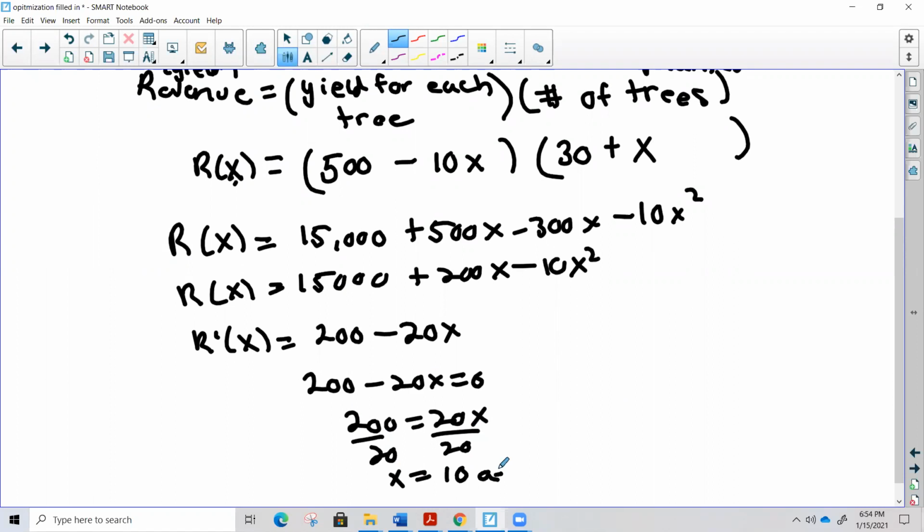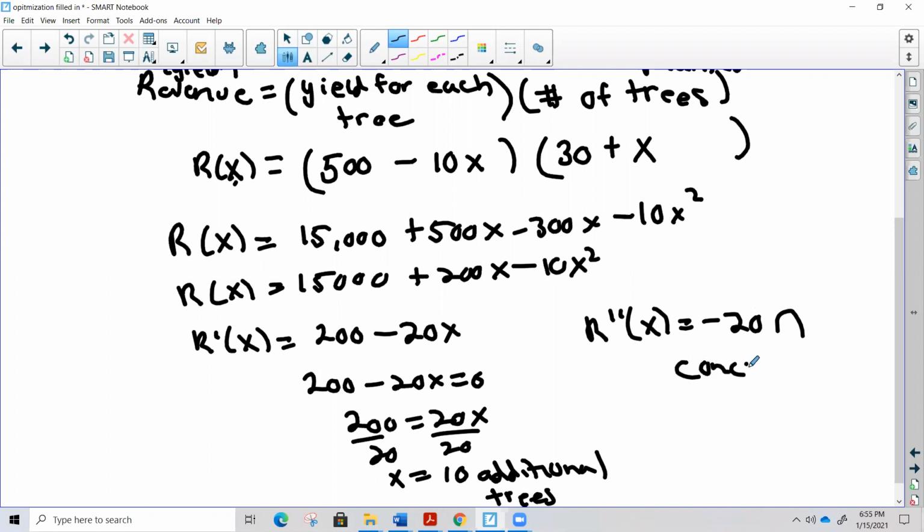Now again, this is the additional trees. Now just to verify it's a max, I take the second derivative: 200 is 0, negative 20X is negative 20, and so it's concave down everywhere, which means at the critical point of X equals 10, we have a max.